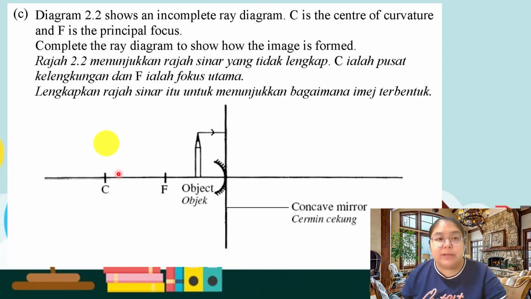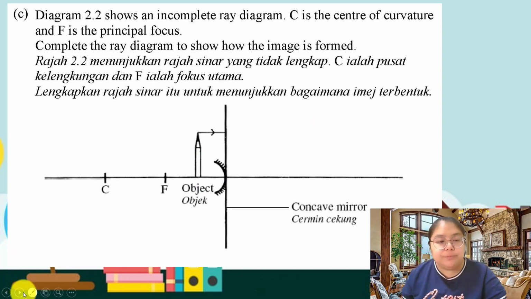Okay, we continue with C. Now you need to complete the ray diagram. How is the image formed from this concave mirror? Remember, still the same, first ray and third ray, but in this situation the object is in front of the F. That means later your image must appear at part 2 because it is a virtual image.